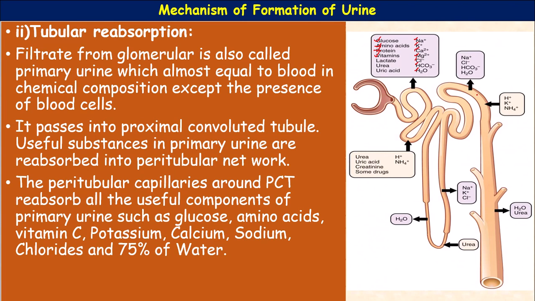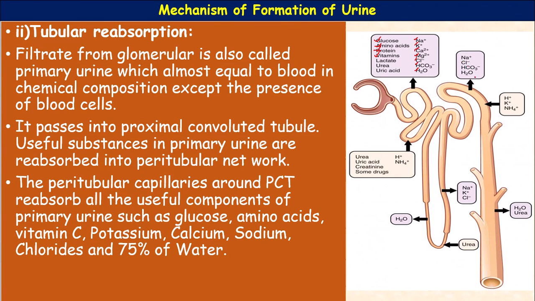Now in the distal convoluted tubule, there is an active reabsorption; energy is utilized. Sodium ions are actively reabsorbed from the filtrate, and by diffusion some chloride ions are also reabsorbed.